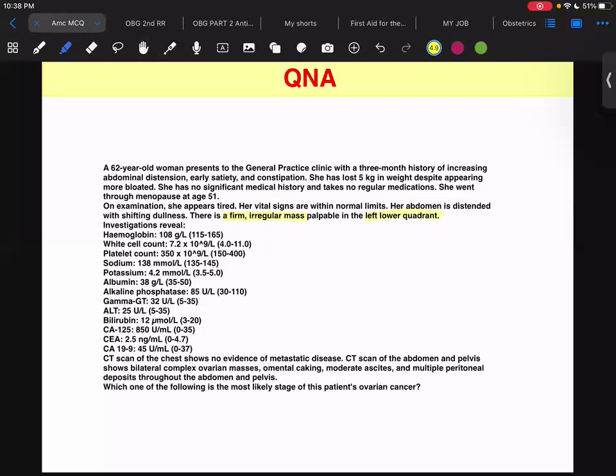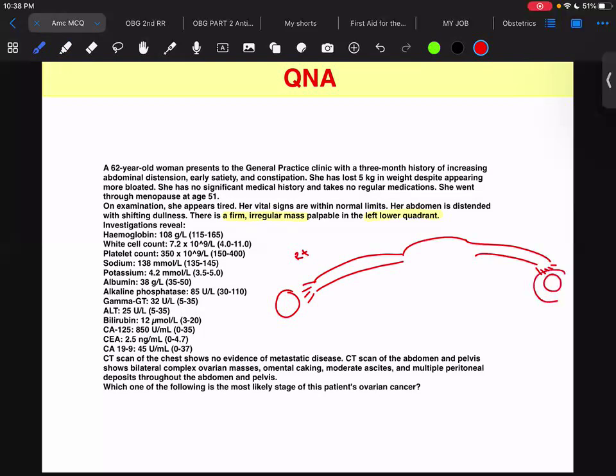So if this is the fallopian tube, this is the right side and this is the uterus, then on the left side there is this mass. It is irregular and firm.